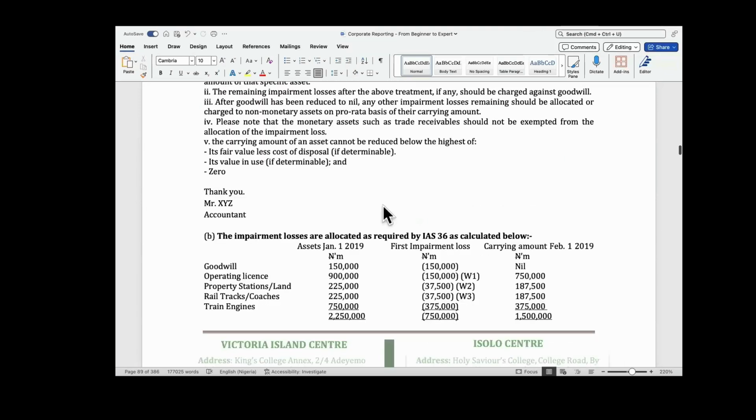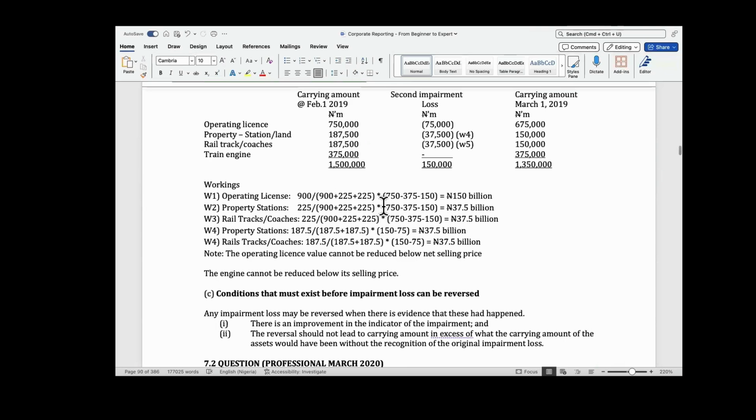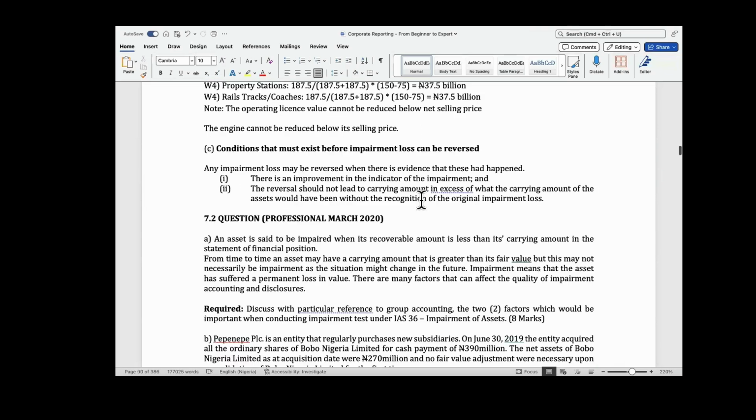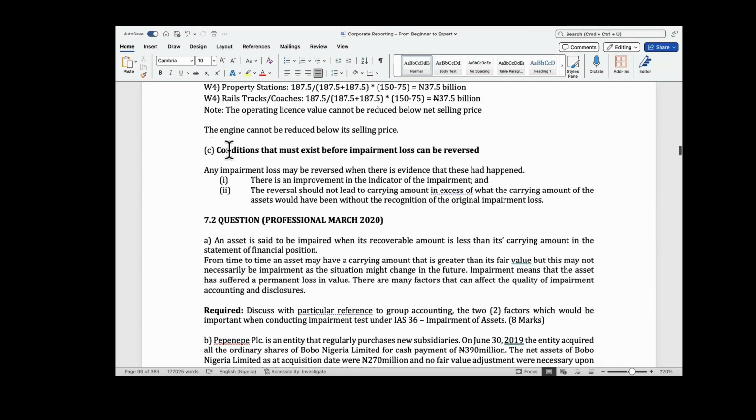So there is one more, and this is on reversal of impairments. The question asks us the conditions that must exist before impairment loss can be reversed. And the conditions are not far-fetched, right? Because when you say reversal of impairment loss, that means the value of the asset has now gone up.